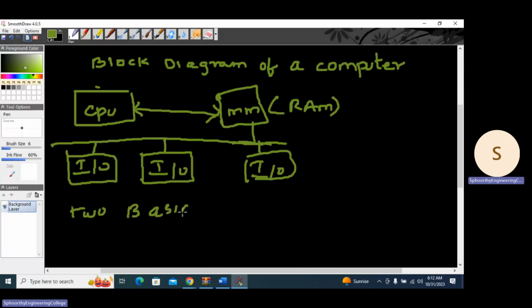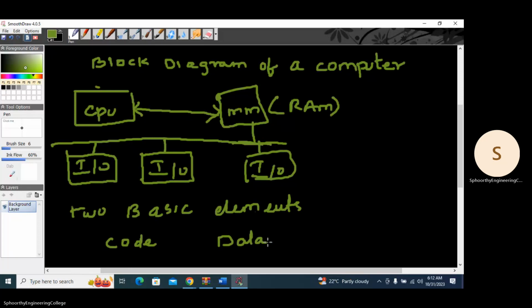Two basic elements of any program are, what are the two basic elements? Code and data. So friends, here the point is two basic elements are code and data.